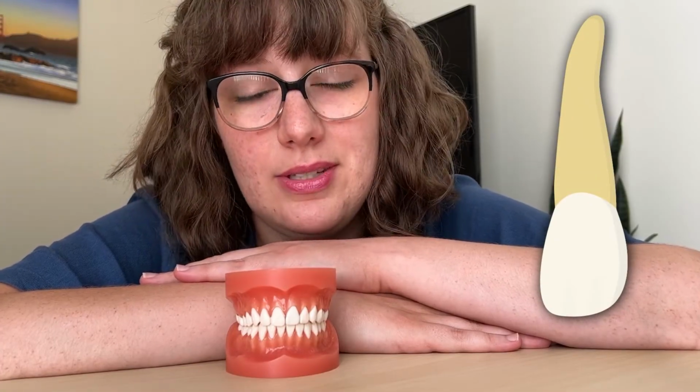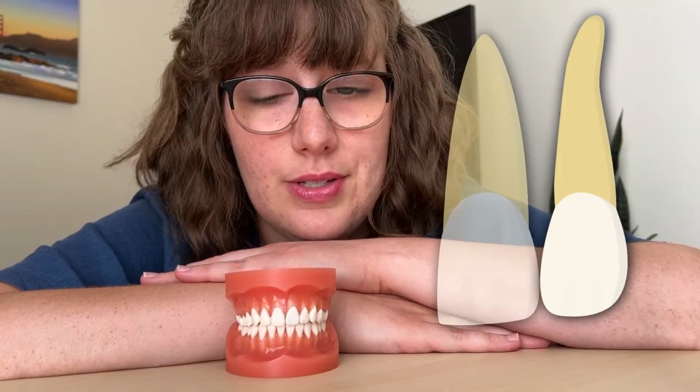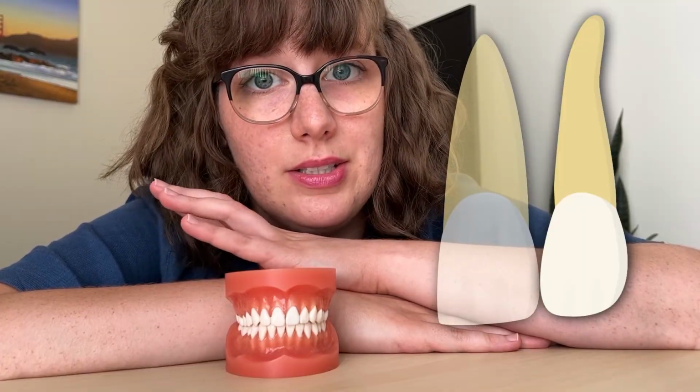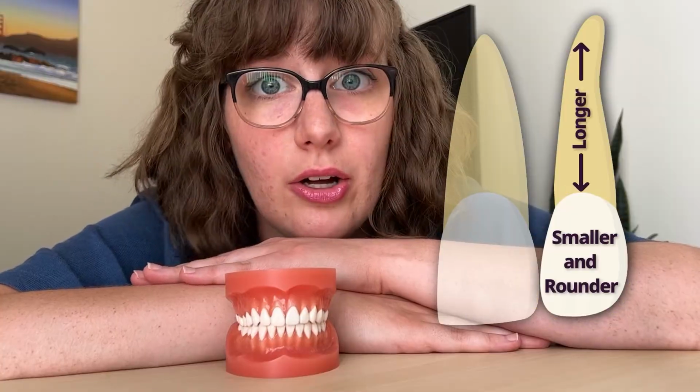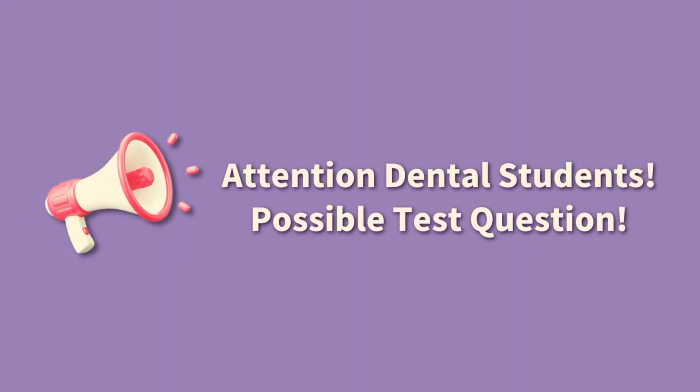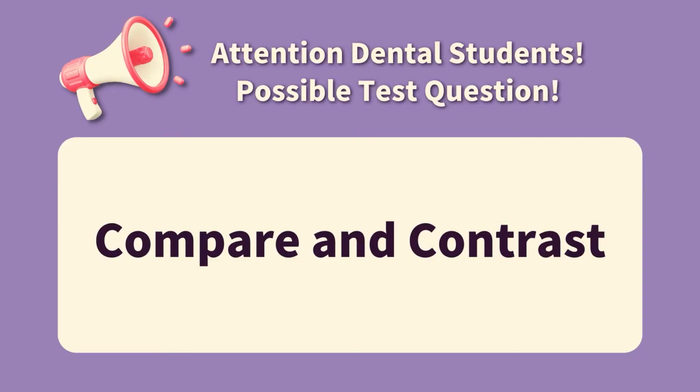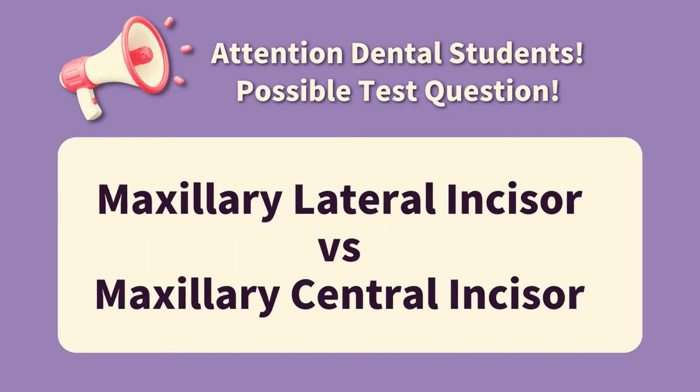The maxillary lateral incisor has similar proportions and features as the maxillary central incisor, but it is relatively smaller and more rounded, except the root, which is longer. Attention dental students. On tests, they love to compare and contrast teeth. In this case, compare and contrast maxillary lateral incisors and maxillary central incisors.